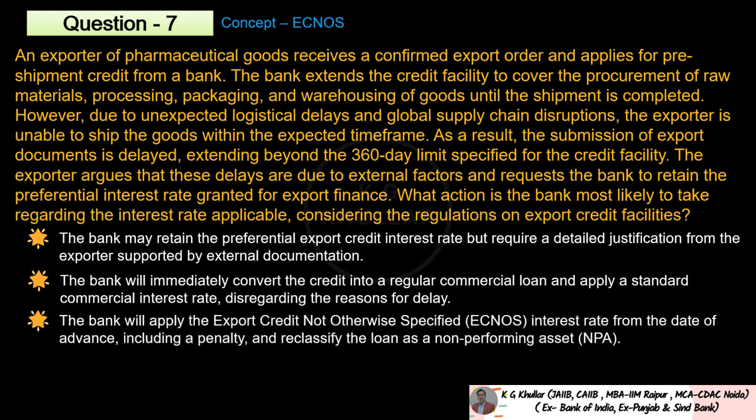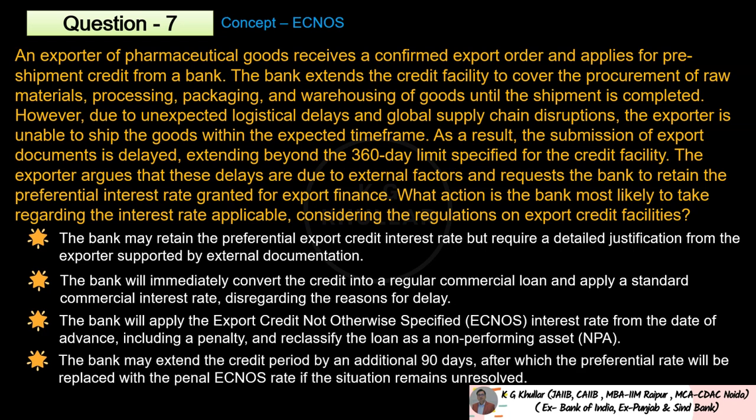Then third option C is the bank will apply the export credit not otherwise specified, that is ECNOS, interest rate from the date of advance, including a penalty, and reclassify the loan as non-performing asset. And last option D is the bank may extend the credit period by an additional 90 days, after which the preferential rate will be replaced with the penal ECNOS rate if the situation remains unresolved.